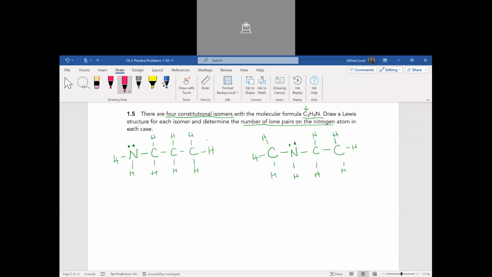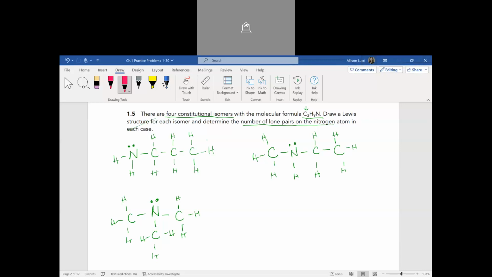So that's 2 out of 3, and then we can also have nitrogen in the middle, bonded to 3 carbons, each of which carbon has 3 hydrogens, so we get our total of 9 hydrogens. And then that leaves the nitrogen to again have a single lone pair.